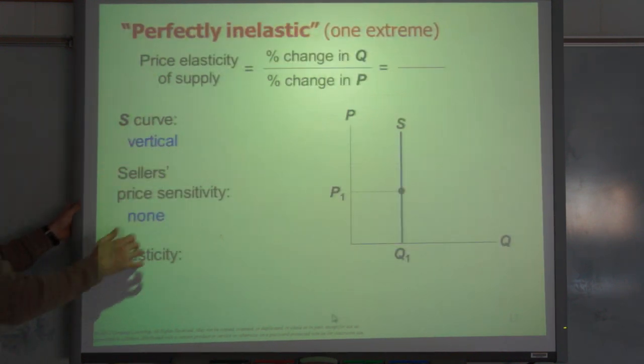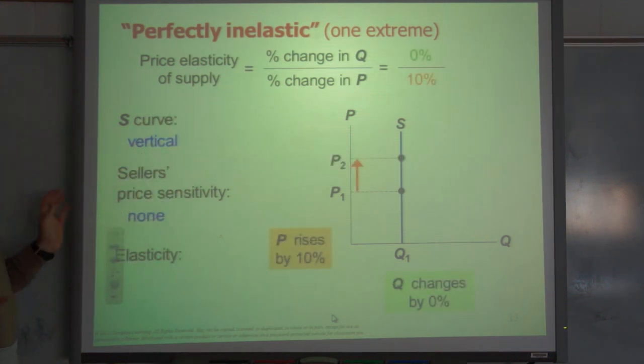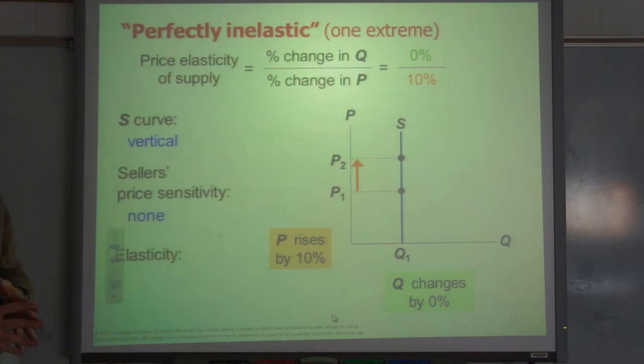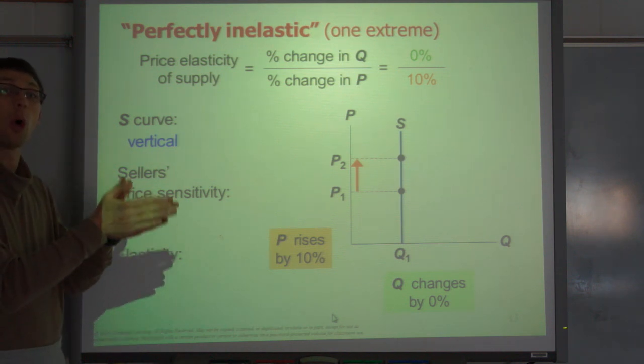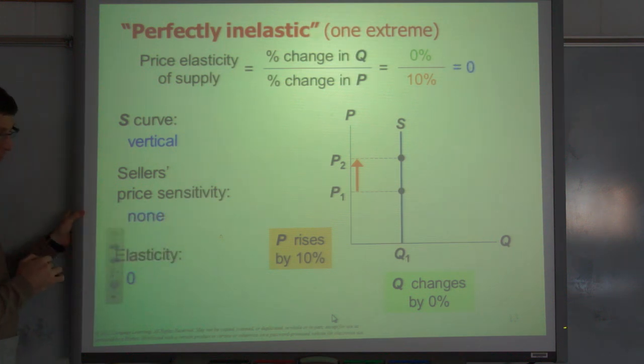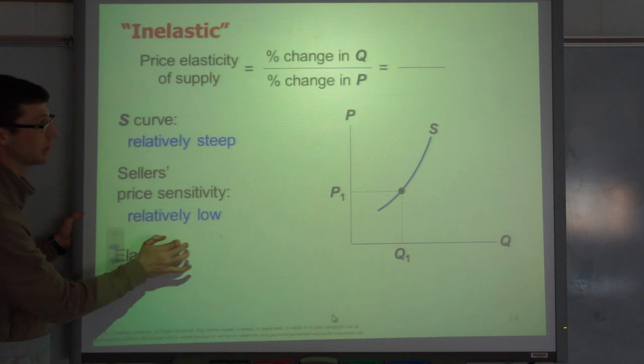Vertical line, what that means is we have a 0% change in quantity over whatever change in price. Vertical lines always mean perfectly insensitive consumers, or in this instance, producers. Okay? Anytime you get an elasticity of 0, it's perfectly inelastic. Now we start to see a little bit more sensitivity, but it's relatively low.